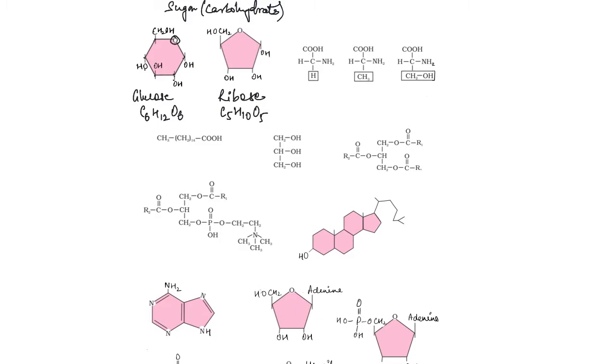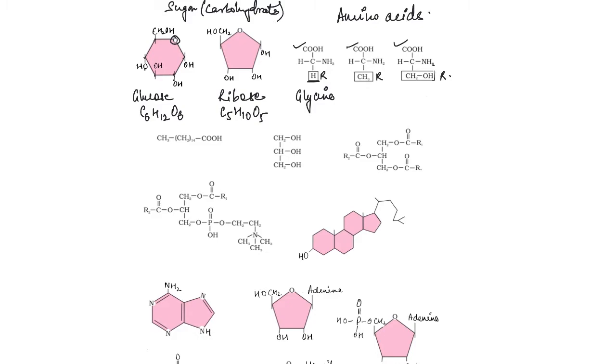Now the next three that you see here are amino acids. This is the R group, right? If a simple hydrogen acts as the R group, it is glycine, the simplest amino acid.